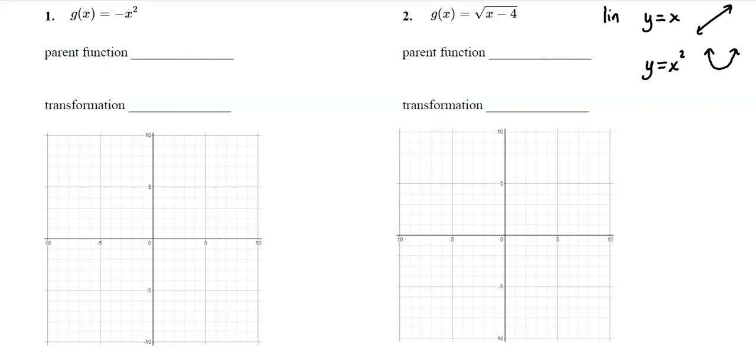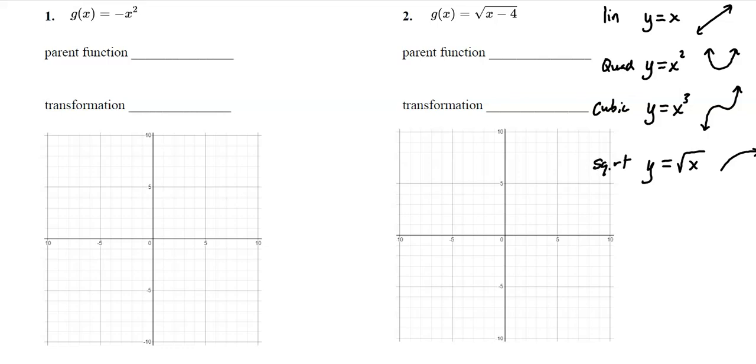That's the quad. Then you have y equals x to the third, which looks like that, and that's a cubic. And the last one that we did was y equals the square root of x, which just looked like that, and that is the square root function.